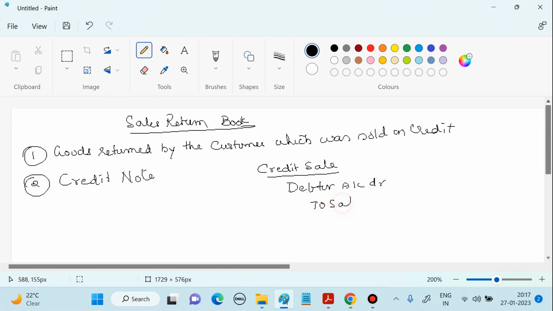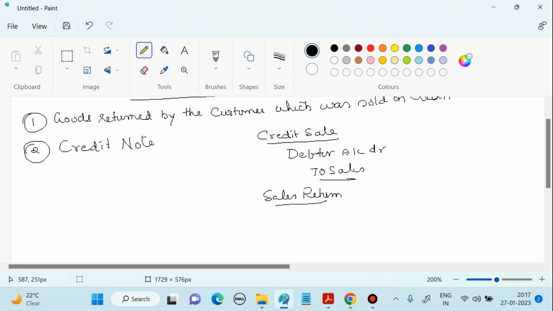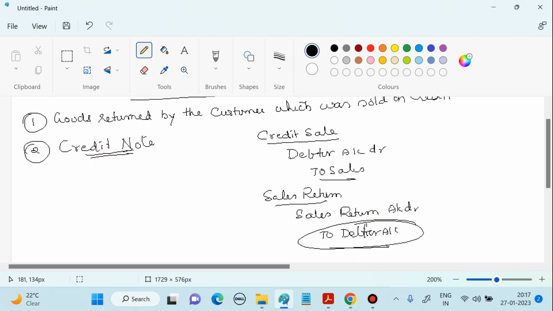Now, when goods are returned, there is sales return or return inward. What is the journal entry that we pass? Sales return account debit to debtor account. So what are we doing to the debtor? We are crediting him, no? So that is why the document that is prepared is called a credit note.